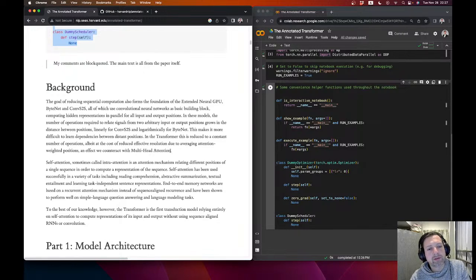Okay, so I guess this is already a pretty good summary of what this architecture does.